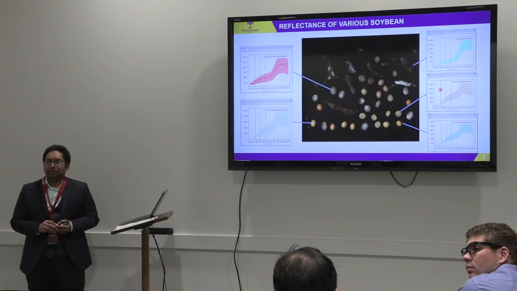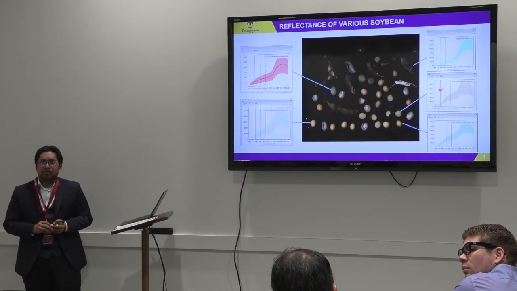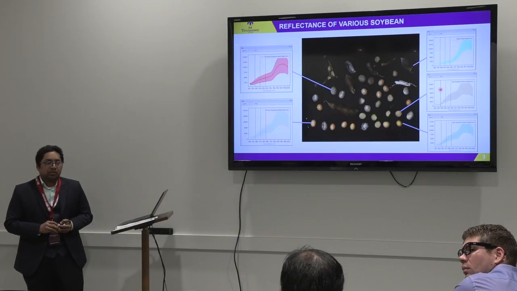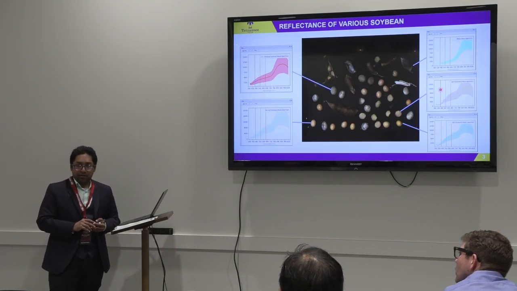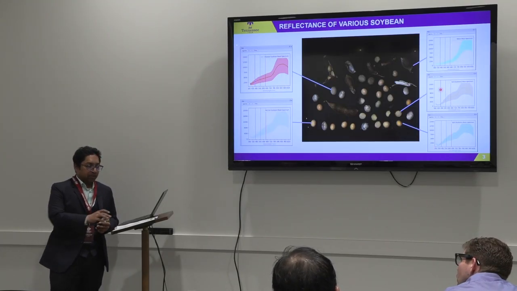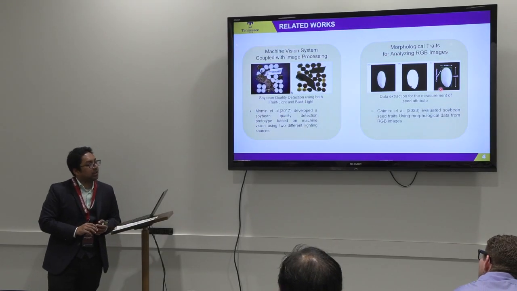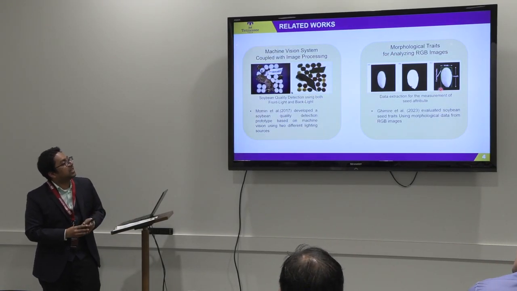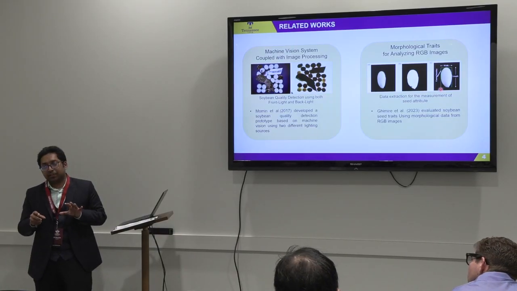I want to ask about the cost and efficiency of this method. Can you imagine using this in an actual harvest setting? Cost and efficiency: hyperspectral imaging we have in our lab, it's a bit costly. But Mr. Momin also applied their technique for differentiating the normal beans and split beans.